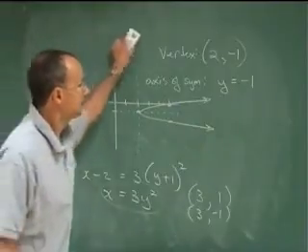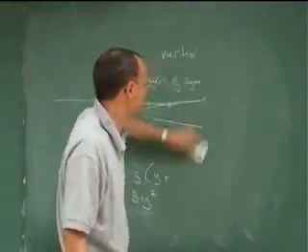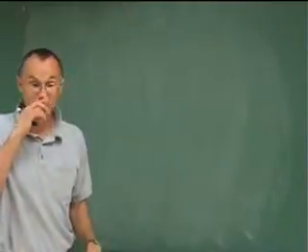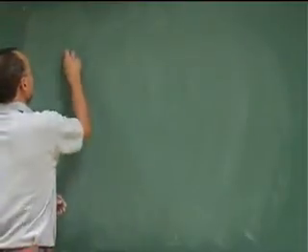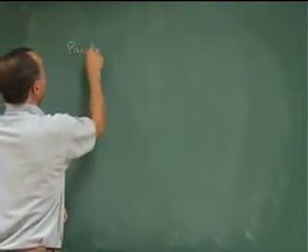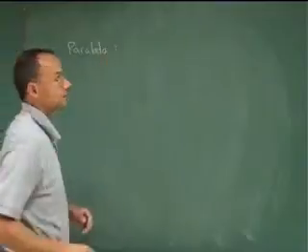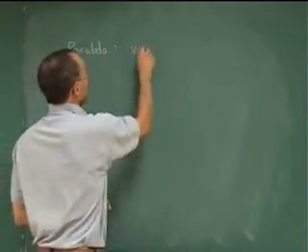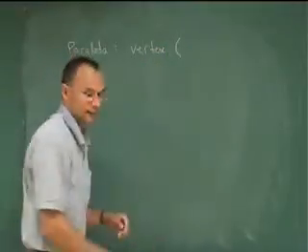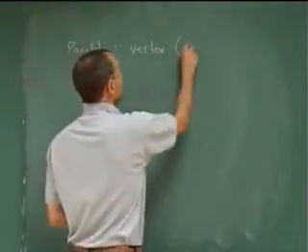Okay? And in this one, you have to do some detective work. Okay, what we want to do in this example is find the missing equation. We're told that it is a parabola, and we're told bits and pieces about the parabola. We're told that it has a vertex at negative 2, 1.